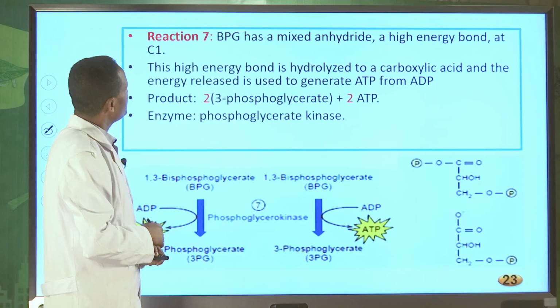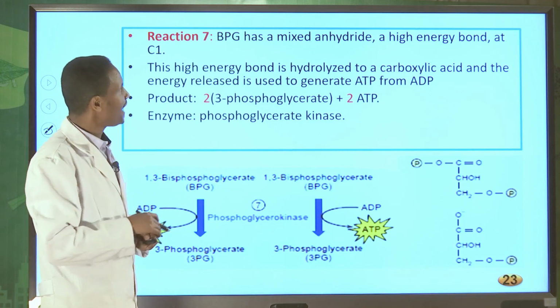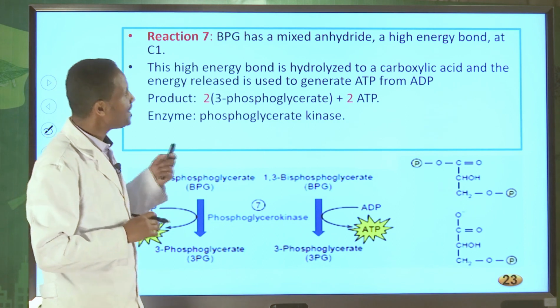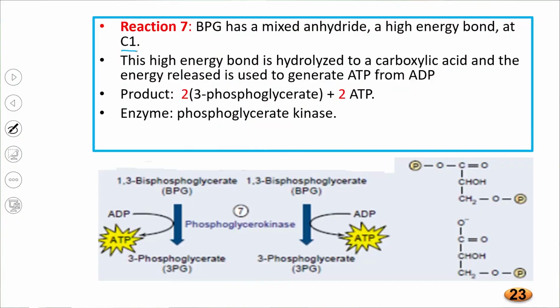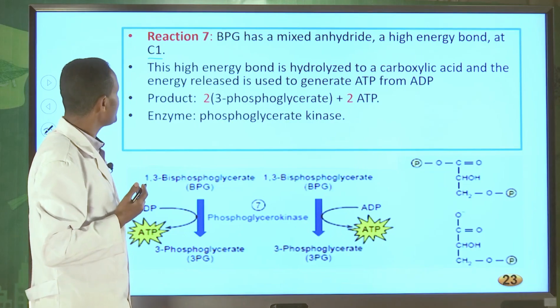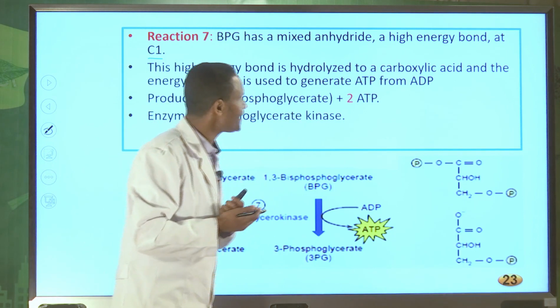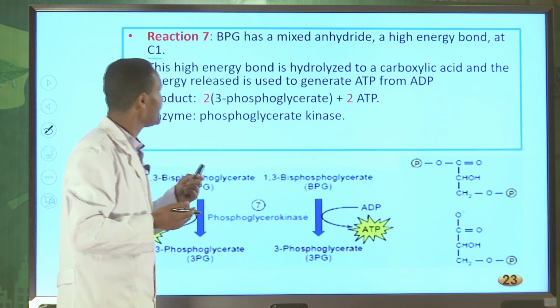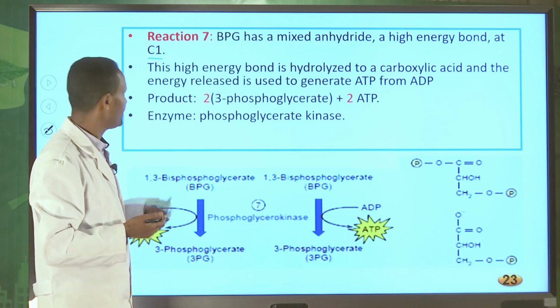In the 7th reaction, 1,3-bisphosphoglycerate has a mixed anhydride and high energy bond at its carbon 1. Therefore, this high energy bond is hydrolyzed, and the energy released is used to generate ATP from ADP and an inorganic phosphate.